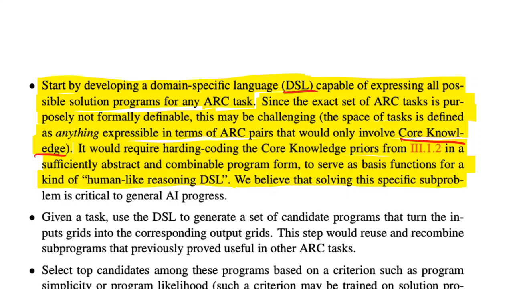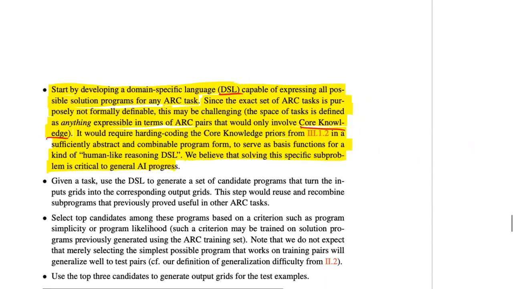We believe that solving this specific subproblem is critical to general AI progress. Basically says AI progress will make a big step once we can formally describe human priors. And while true, I feel the hardness of this problem is as hard as actually building general artificial intelligence, or very close to it. So it is a bit of a how-to-build-AGI: Step 1, build AGI.